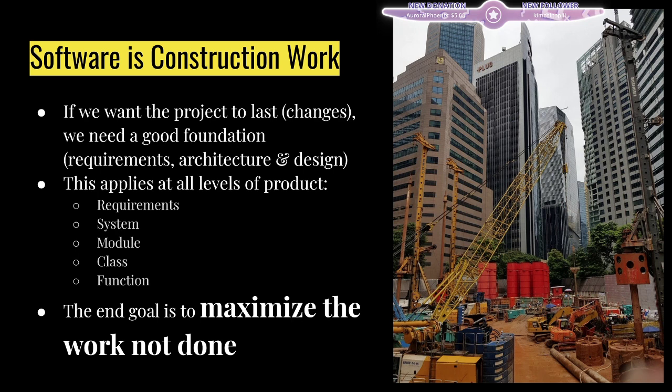A good foundation for software is requirements, architecture, and design. And this applies throughout all the levels of a product: requirements, system, module, class, and function. Why do we need all this? It's to maximize the work not done. We are lazy, we want work to be cheap, and it's a paradox, but the cheapest software is high quality.